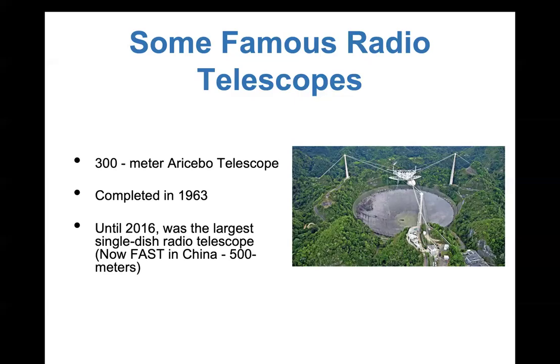The repair never happened, and the cable snapped, and this whole section here, which is the focus and basically where the data is being collected, fell into the dish, damaging it to the point that a repair was completely out of the question, and the whole thing had to be scrapped.